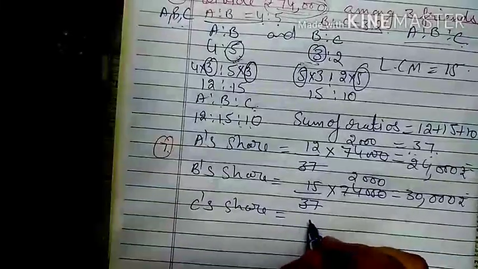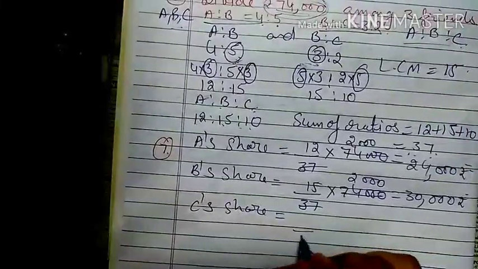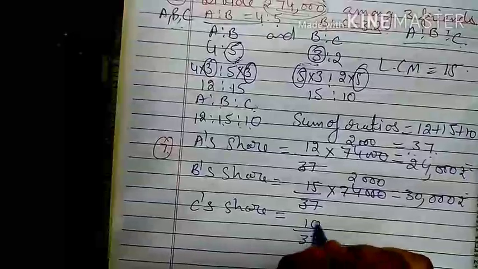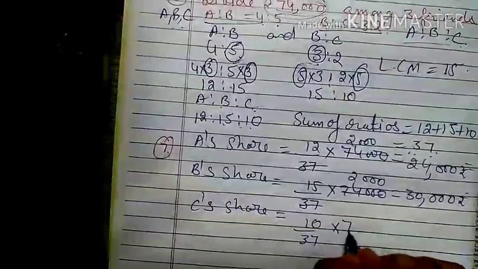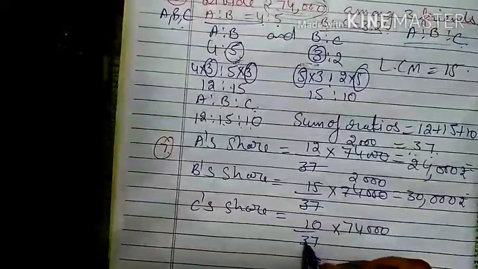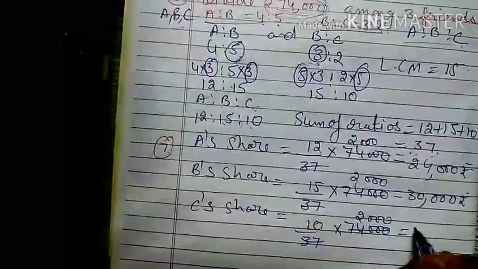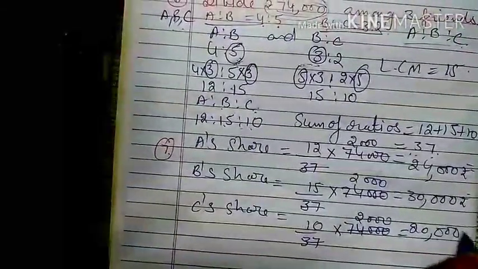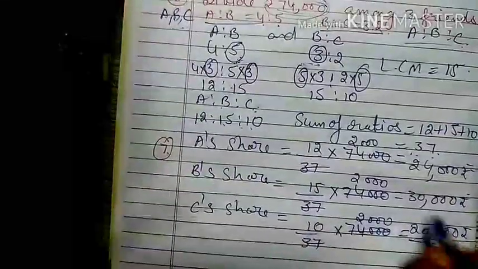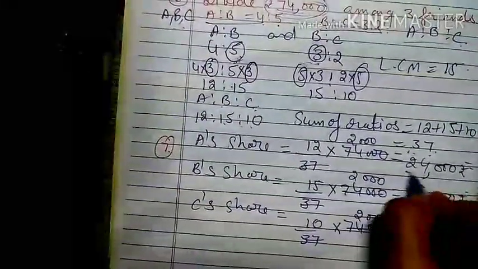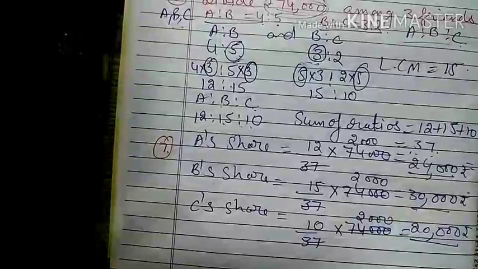C's share is 10 parts out of 37 of 74,000. So 37 into 2 is 74. So that gives you 20,000. So that is the required value: 20,000, 30,000 and 24,000.